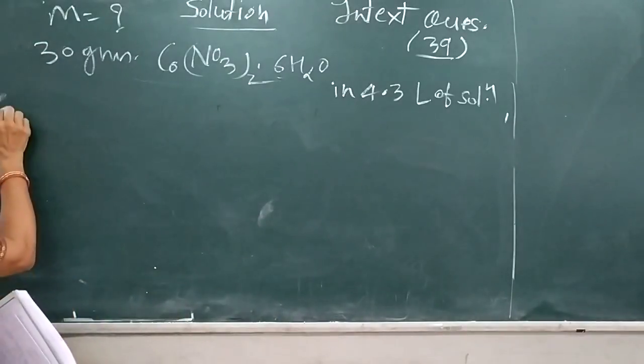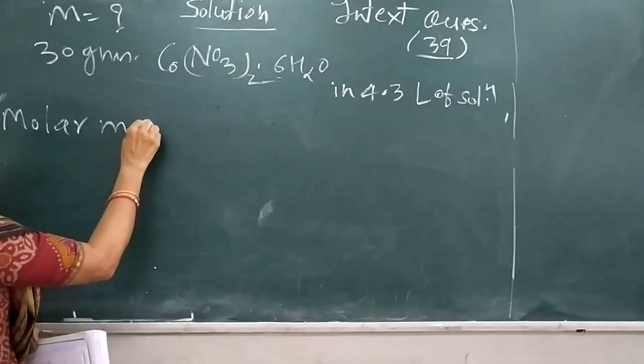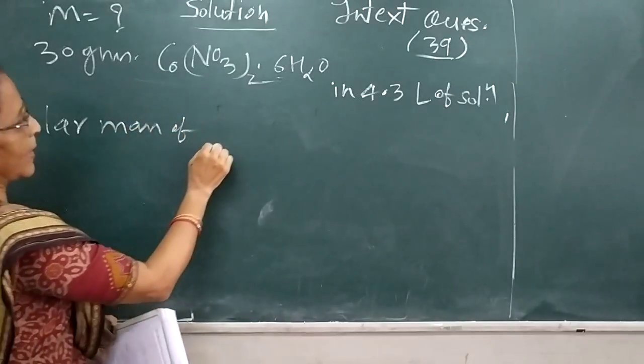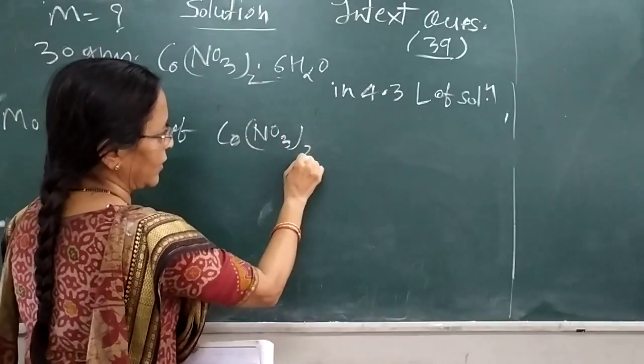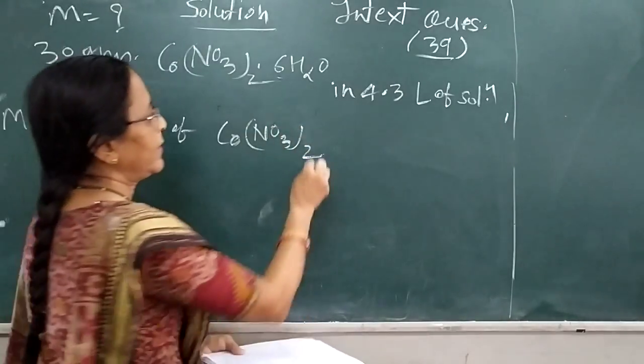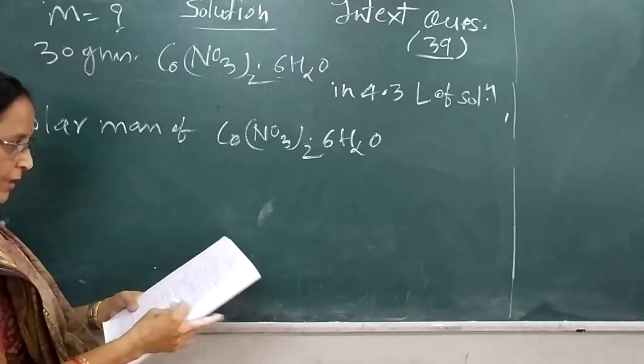Again we have to first calculate the molar mass of Co(NO3)2, and 6H2O is given, so that also we have to take in calculation.